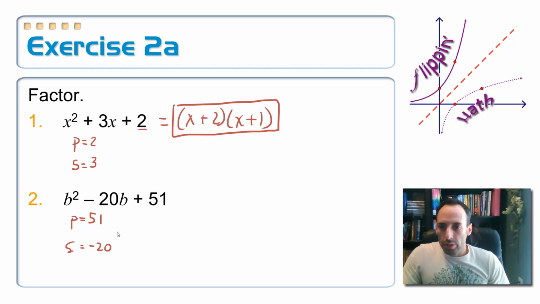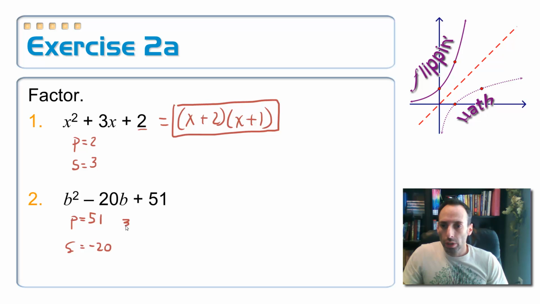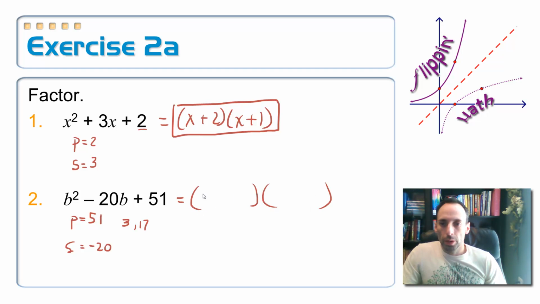Let's see, 5 plus 1 is 6, that's divisible by 3, so 3 goes into it 17 times. So 3 and 17. 3 times 17 gives me 51, and 3 plus 17 gives me 20. So that works. Now I'll just have to figure out the signs. I'm going to open up my parentheses, and put a b and a b, and a 3 and a 17.